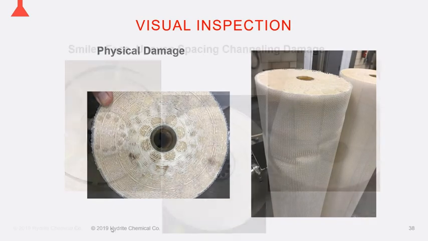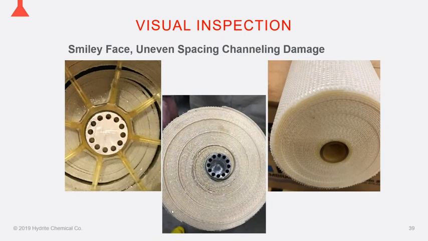So this last one here, you can see the smiley faces there. Essentially, that element has come apart and it's starting to show channeling. A couple of different causes. Pressure could definitely be an impactor there. And sometimes it could be a manufacturer's defect where they don't necessarily get that outer wrap as tight as it needs to be.